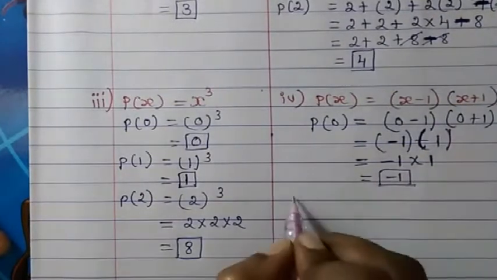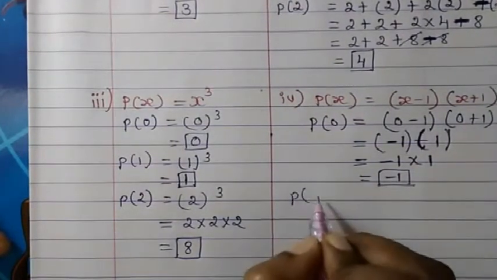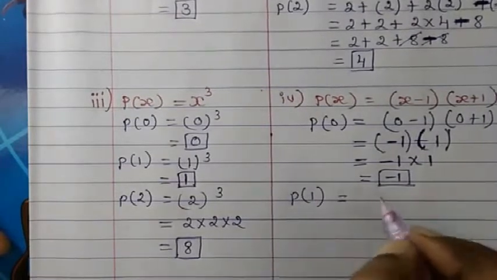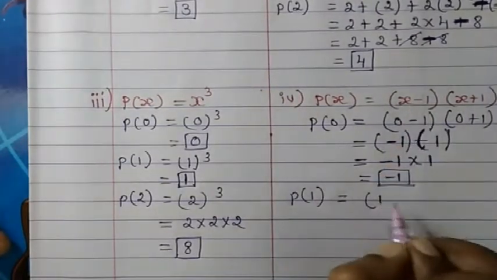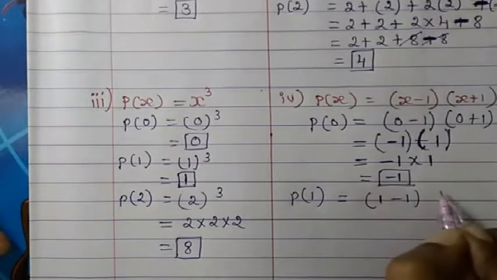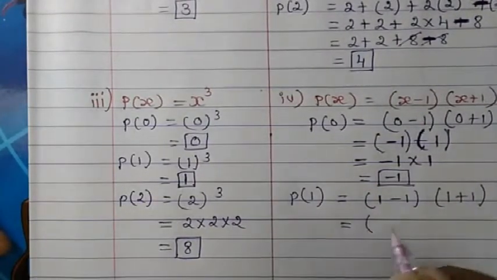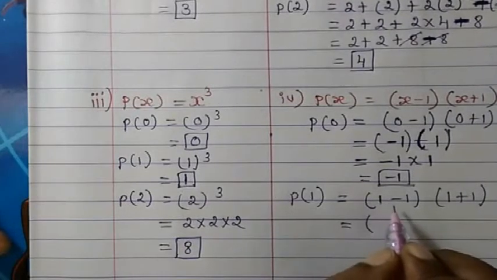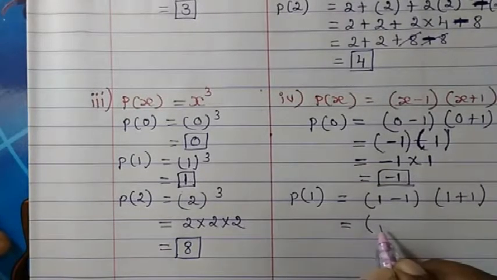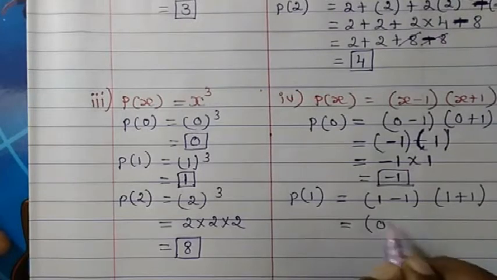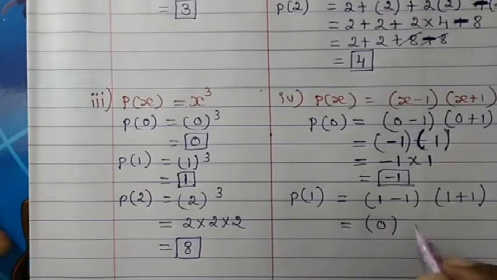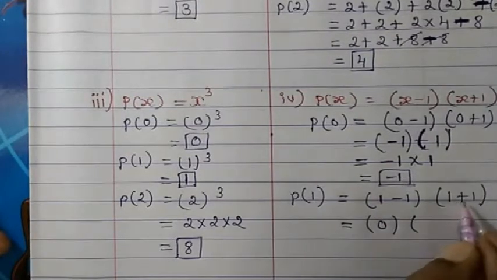This is the answer. Now let's see for P of 1. In the place of x we will keep 1, then minus 1, 1, then plus 1. Let's keep the bracket. Plus 1 and minus 1 will become 0 because this is plus and this is minus, so they cancel.